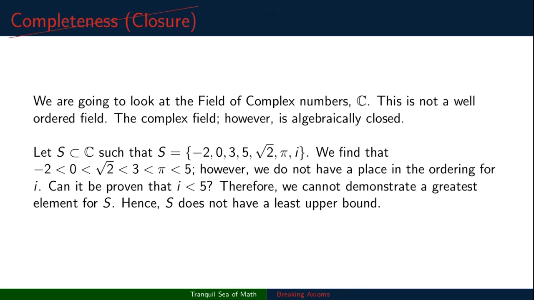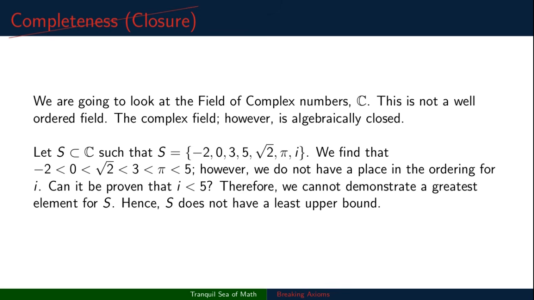And as we look at the final axiom that shows a completeness to this well-ordered field of real numbers having a nice algebra on it, which we're systematically breaking, we look at just a subset of the complex numbers. We're just going to say that this subset is called S, and it has negative numbers, it has 0, it has positive numbers, it has irrational numbers, it has i.